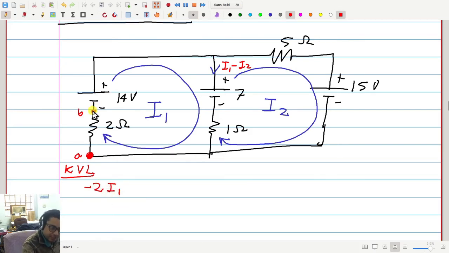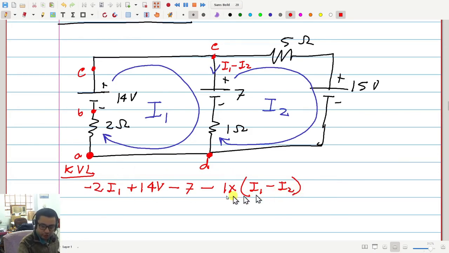Then from point B to point C there is a voltage rise of 14 volt. Then from point C to D, we have a voltage drop of 7 volt because of this source, and then there is a voltage drop of 1 ohm multiplied by current I1 minus I2.